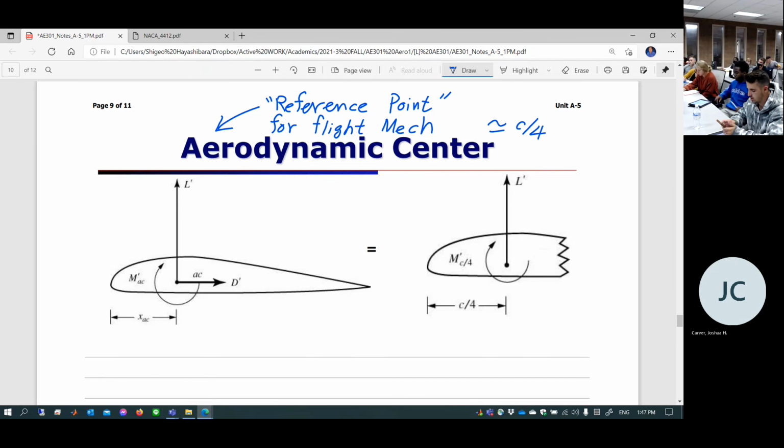Yes, that's right. Slightly shifted forward if you have a thick airfoil or highly cambered airfoil, but it cannot go beyond the quarter chord. It's a good sanity check. Any other question?